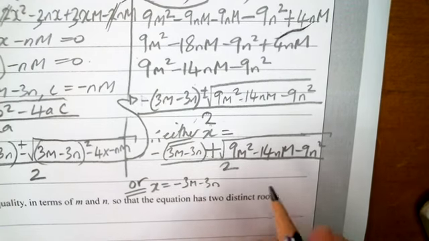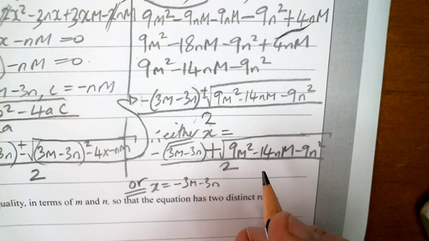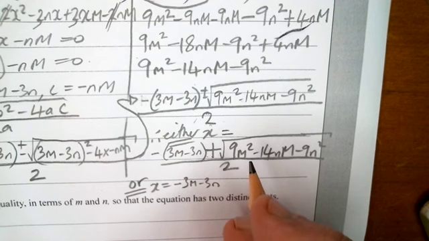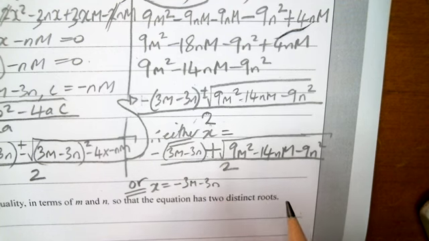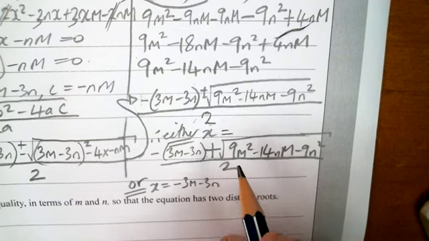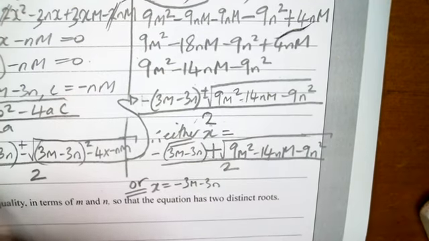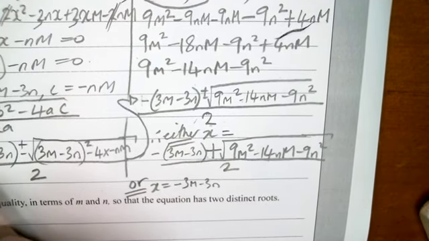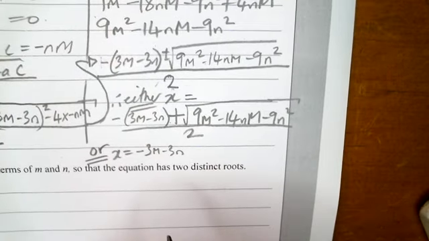Oh wait, what am I doing? I actually had that in brackets. Minus 3m plus n. Sorry, I'm just teasing this out in my own mind, so I've got it right.